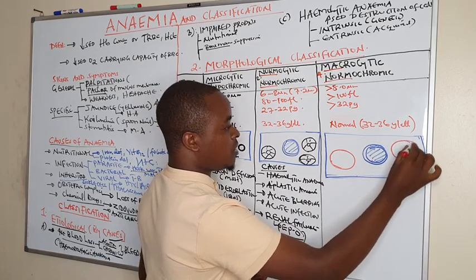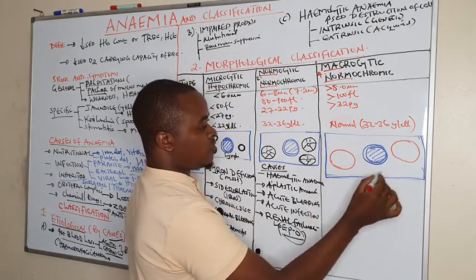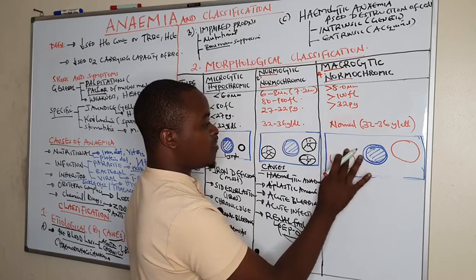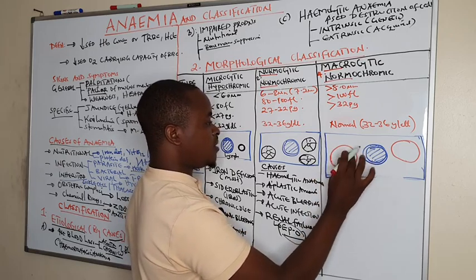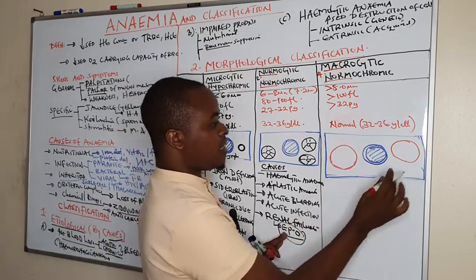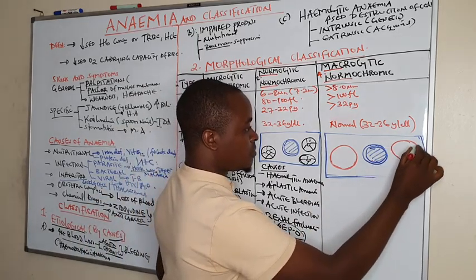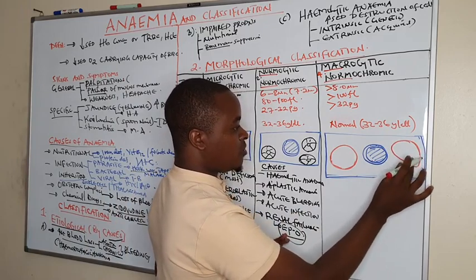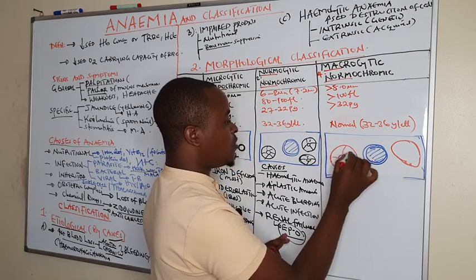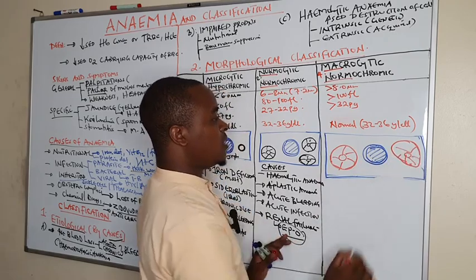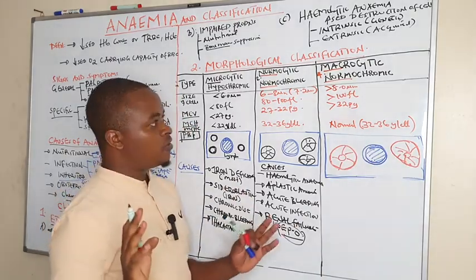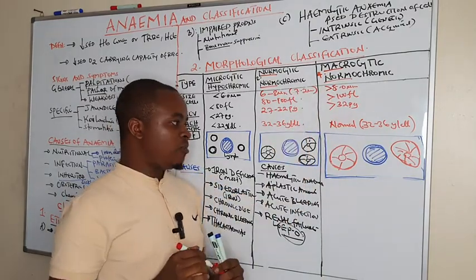Some can be round, others can be oval in shape. And the HB content is normal. That's why we are seeing MCHC is normal. So this is the picture of macrocytic normochromic type of anemia.